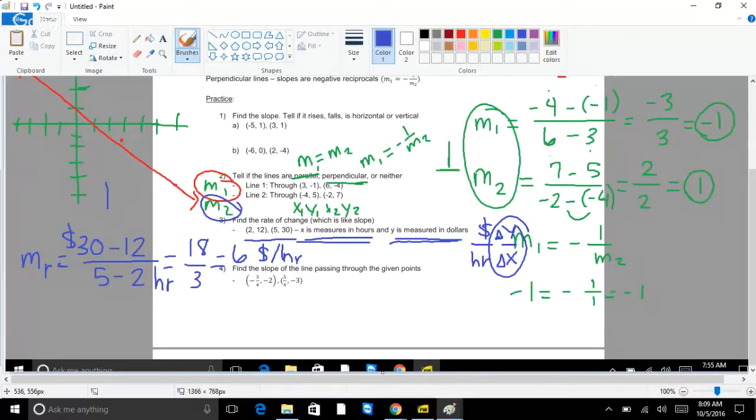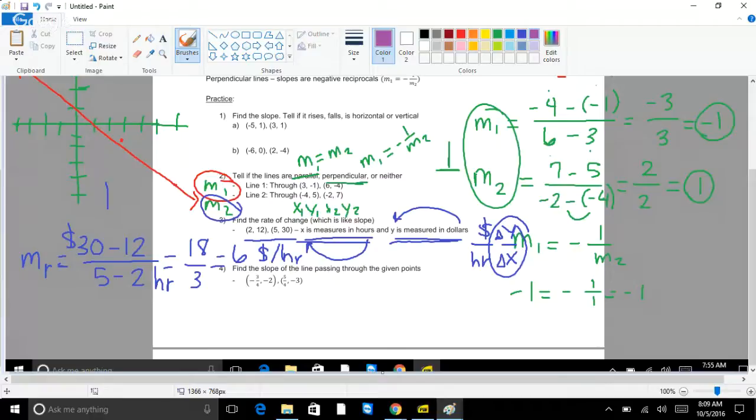So it's just an application of using the slope. You just want to match up what your unit is for y and the unit for x, and then you're able to use the slope equation to find out the rate of change.